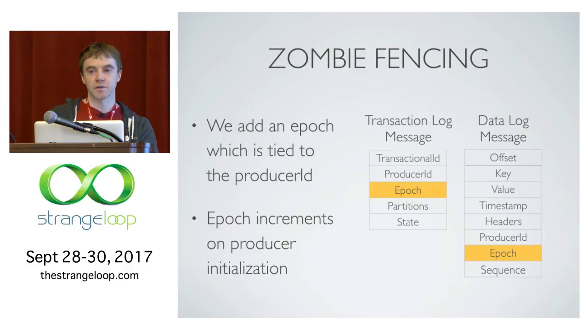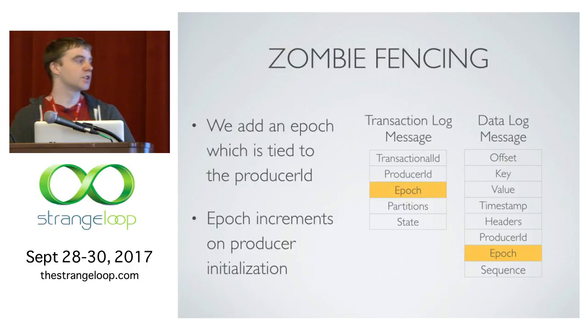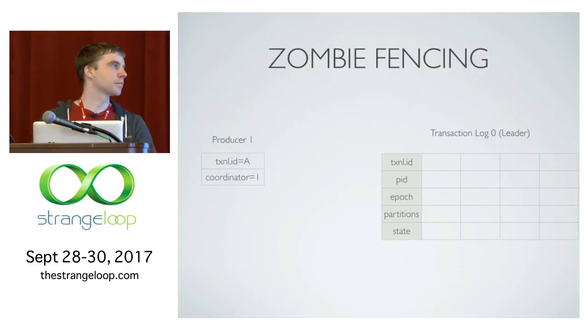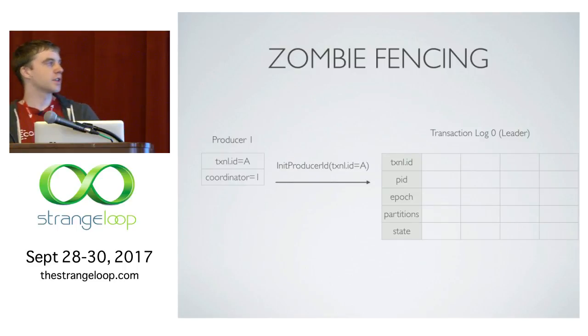If we get an epoch from a producer which is smaller than what is known to be the current epoch, then we can reject it. So this is added to both the transaction log message and the data log message because they both need fencing. So let's just go through an example of how this works. In order to get the producer ID and the epoch, we have this init producer API.